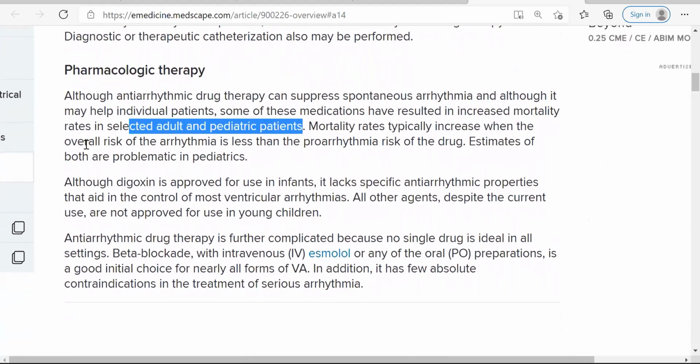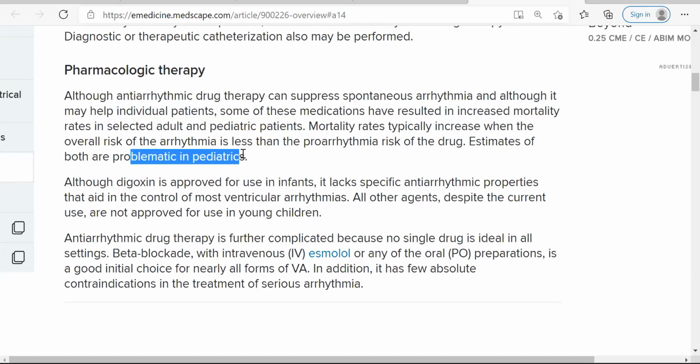Mortality typically increases when the overall risk of the arrhythmia is less than the proarrhythmic risk of the drug. That means if you use antiarrhythmic drugs, they can increase the mortality even more than the arrhythmia the patient is having. So it's mainly problematic in pediatric patients, and for a pediatric patient it's better not to use any antiarrhythmic medication first.